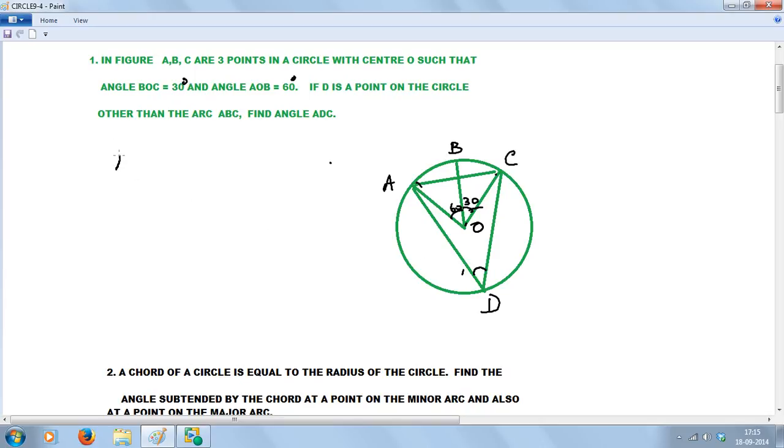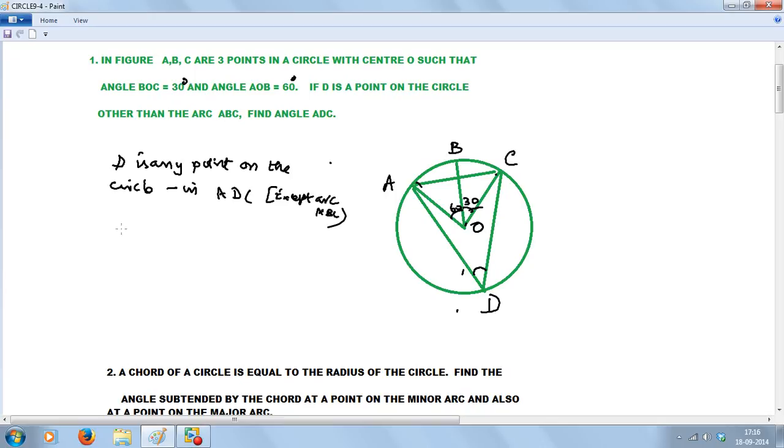Now D is any point on the circle other than arc ABC, on the ADC side.